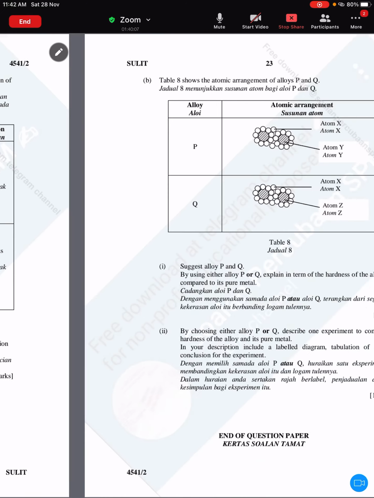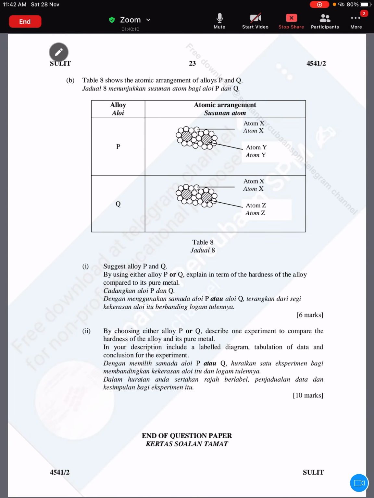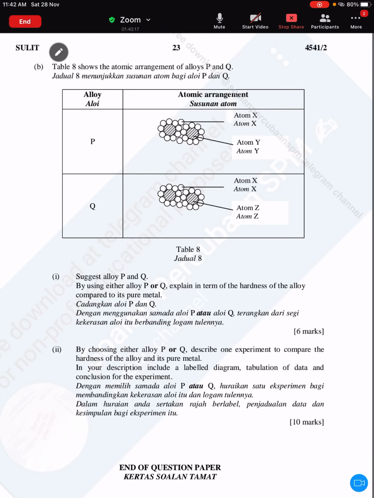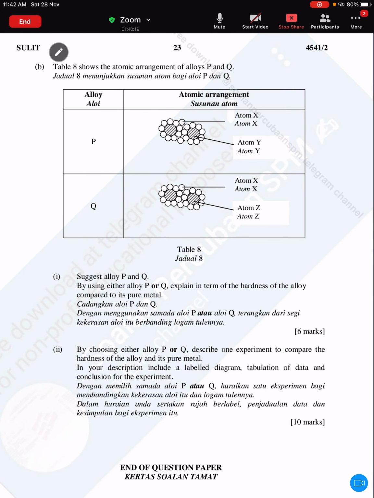Okay, let's look at B. This is about alloys. Guys, I need to tell you a bit about alloys before I continue. An alloy is a mix of different metals or components. The purpose of making an alloy is to get better properties compared to a pure metal.